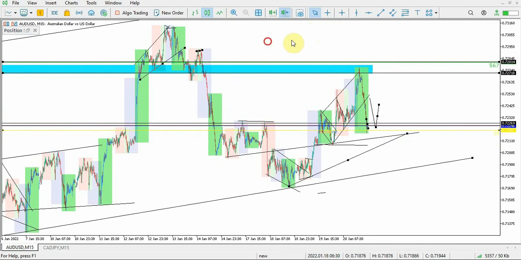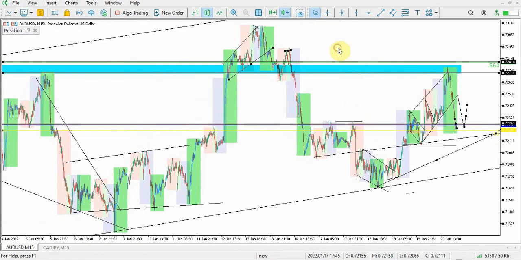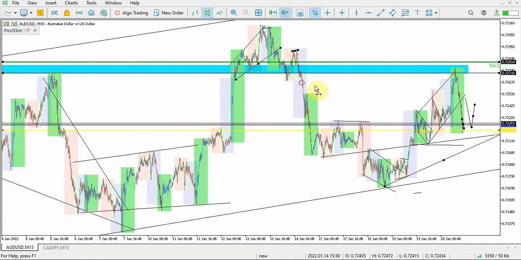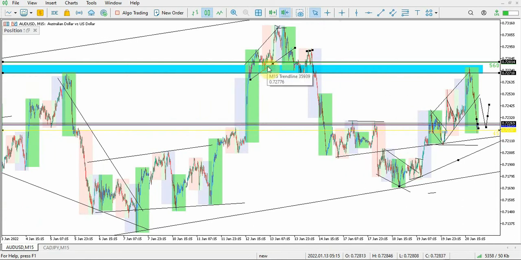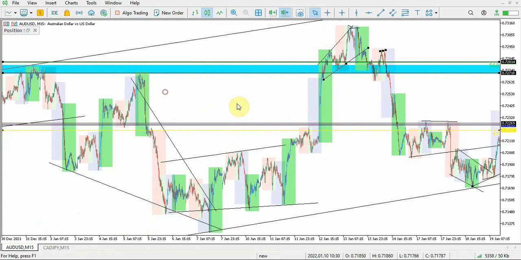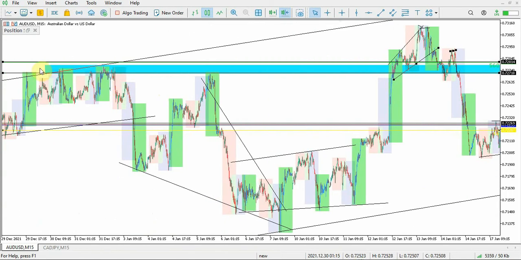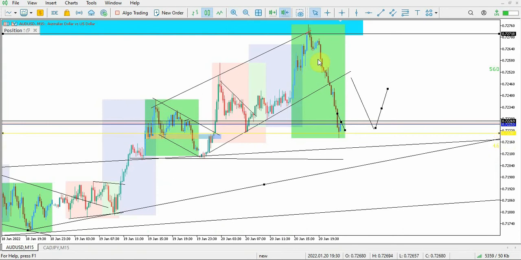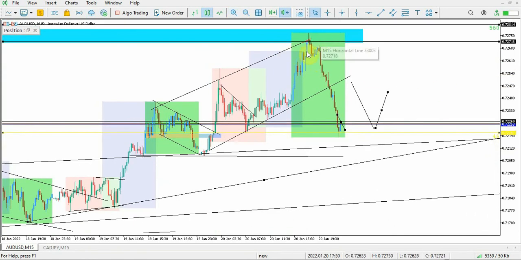Okay, there we go. Looking back at this trade, it was pretty much a straightforward trade. We were at a significant area where price normally reacts. As you can see, we had a reaction, and price kept on reacting around this area, and we were in a good time zone.